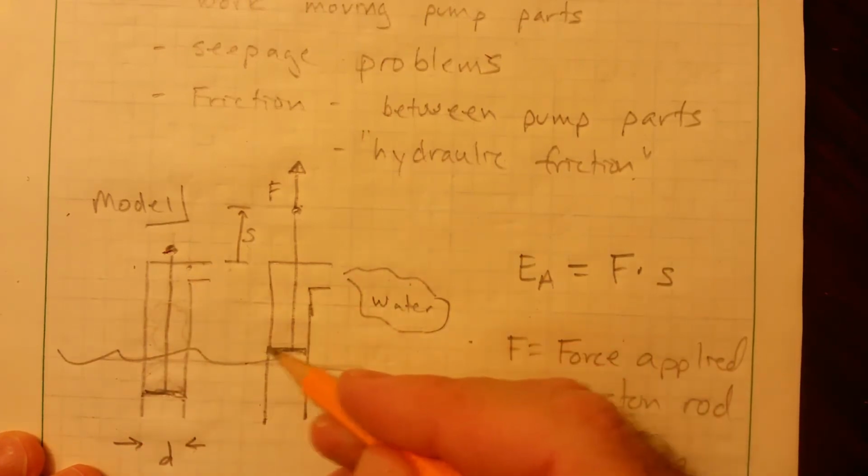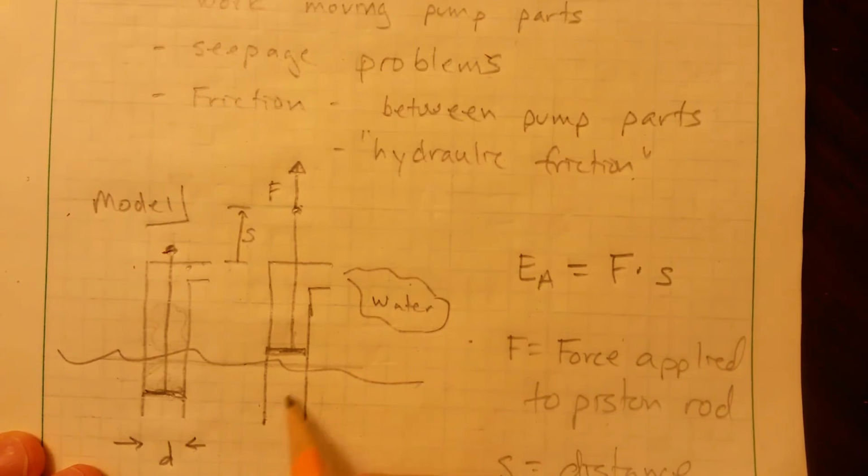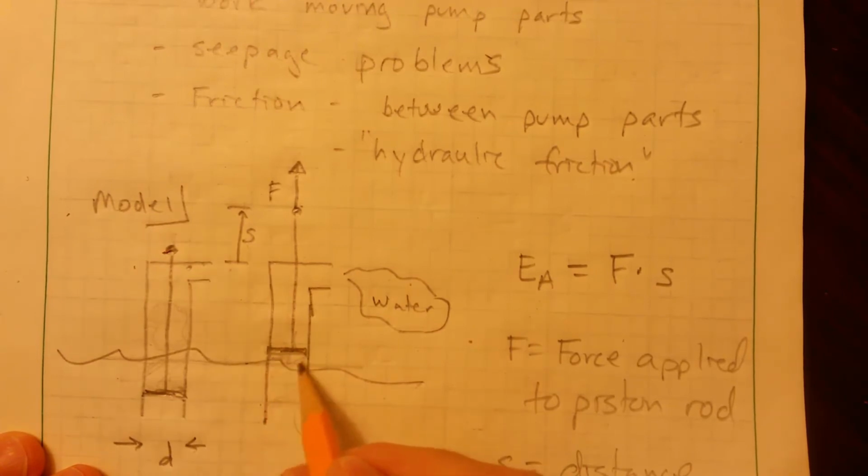But as I lift the piston up, water is sucked in, and so it fills back up here, and some of that water has to get lifted up in the cylinder right here. So that water that I just sketched in gray used to be below the water line, and now it's above.